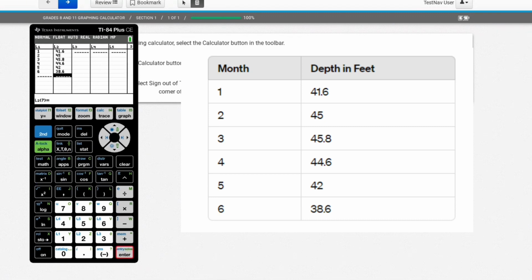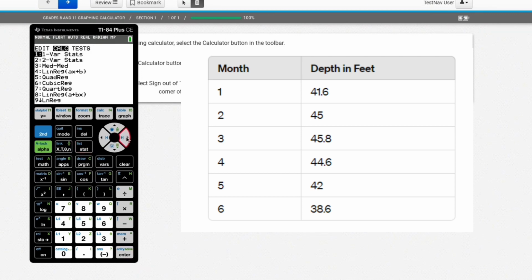Now, this was a cubic model, so we're going to use cubic regression. And we're going to need to use that equation to plug in 10. So not only will I go to stat and calc and go down to cubic reg or just hit 6 or whatever your pretty little heart desires, we're also going to make sure that we go to store regression equation and save that equation because we're going to use that equation.